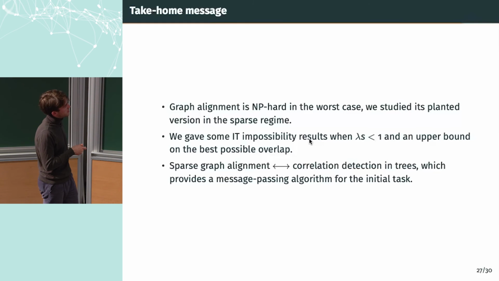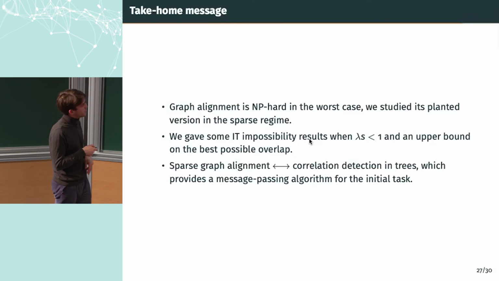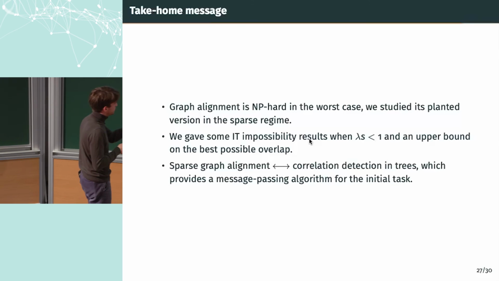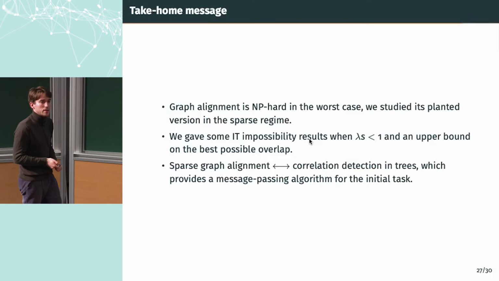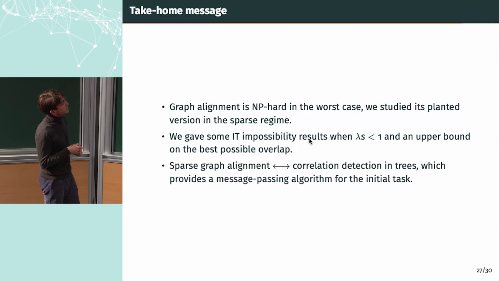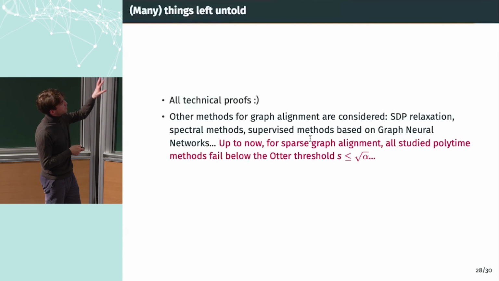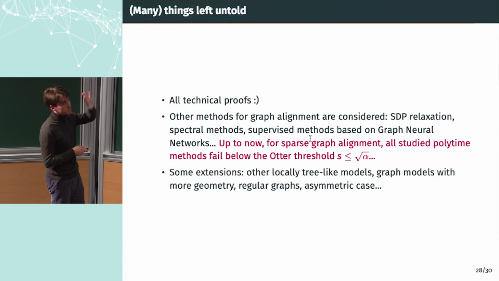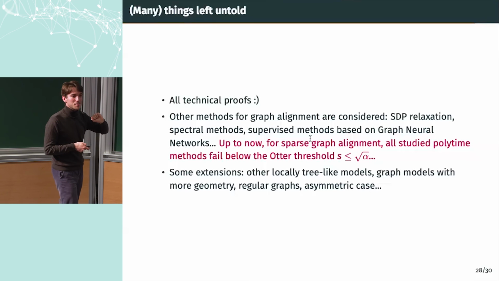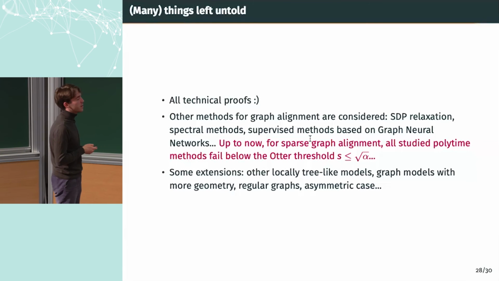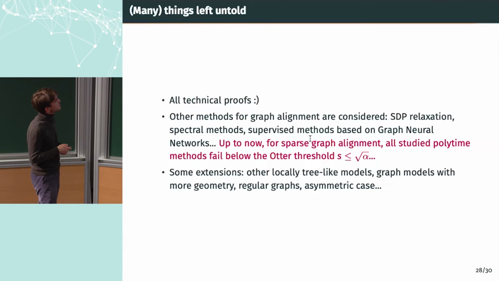I call it message passing because the computation of the costs are recursive. So it can be thought of as a message passing method as well for the initial task. Many things are left untold, but feel free to chat if you want. I'll be very happy to answer your questions.